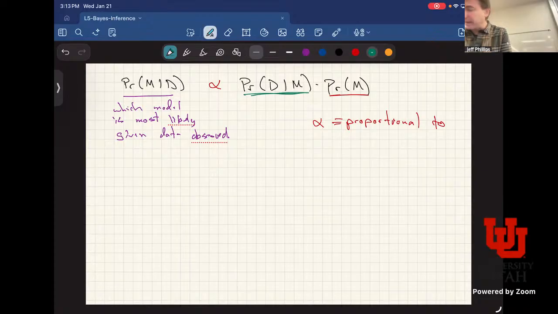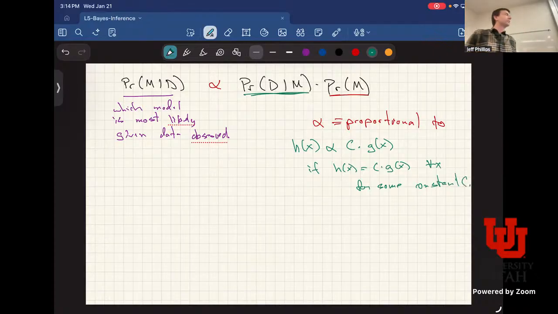This means that if H of X equals C times G of X for all X, for some constant C. I don't have to know what the constant is, but there exists some constant for which this is true.